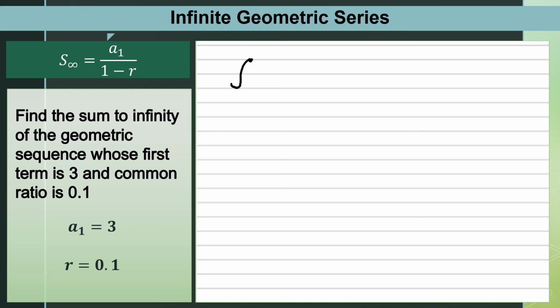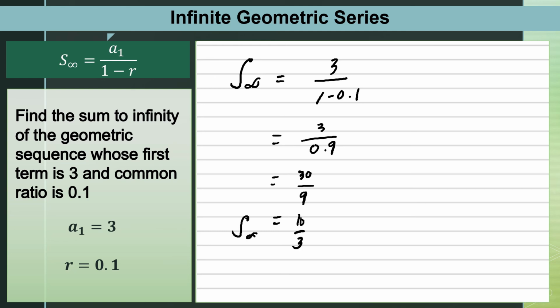So, S of infinity is equal to, ang first term natin na 3 over 1 minus 0.1. And this is equal to 3 over 1 minus 0.1 is equal to 0.9. And this is equal to 30 over 9. And 30 over 9 in lowest term ay equal sa 10 over 3. At yan ang ating S sub infinity.